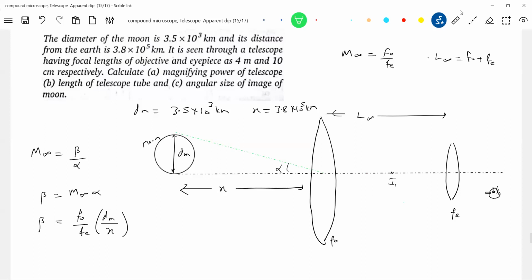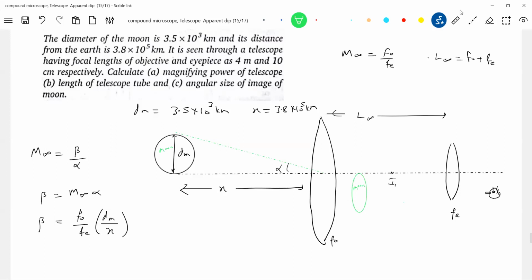Actually, I should not show, but to make some of you understand, I'm just showing the image. This is the image of the moon. So this angular size is not asking the diameter.